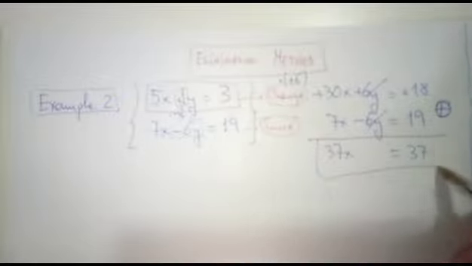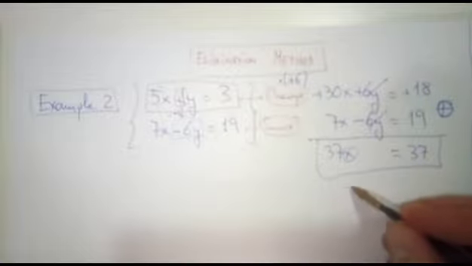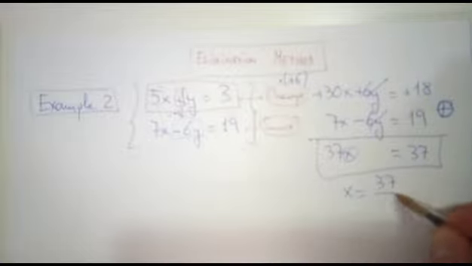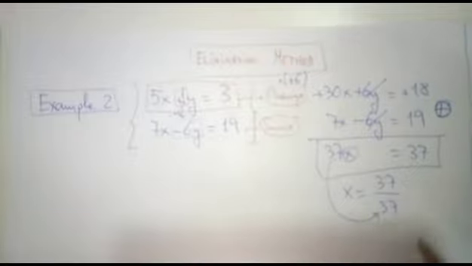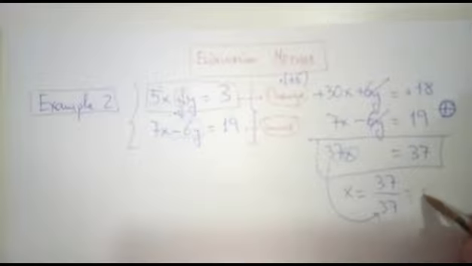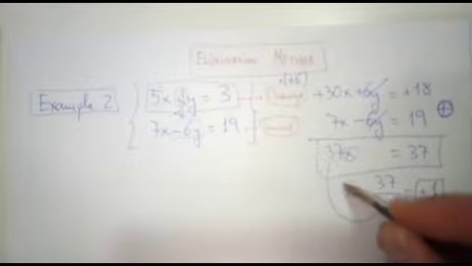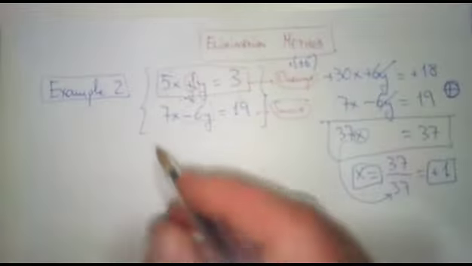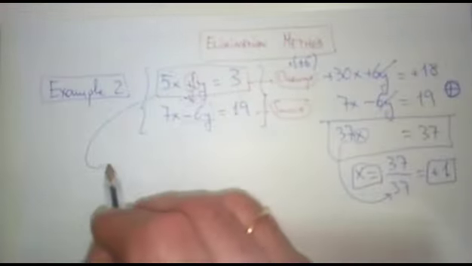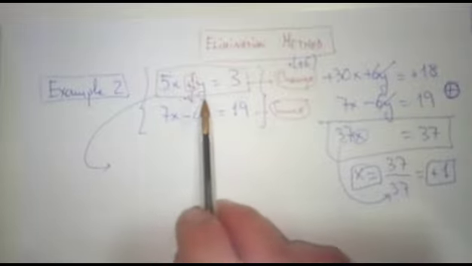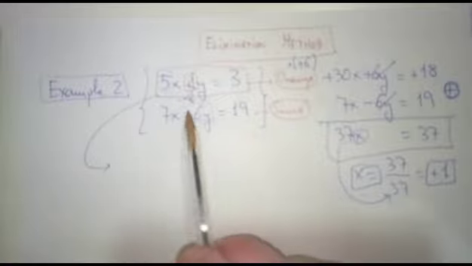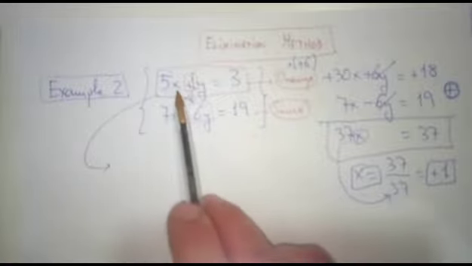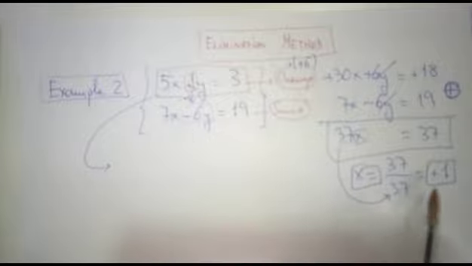This is a very easy equation because we only have to find the value of x, which is equal to 37 divided by 37. This 37 passes here without changing the sign, so it is equal to plus 1. So x equals 1. How do we find y? We take again the equation that we chose to change and write the same equation, but instead of x, the value that we have found.